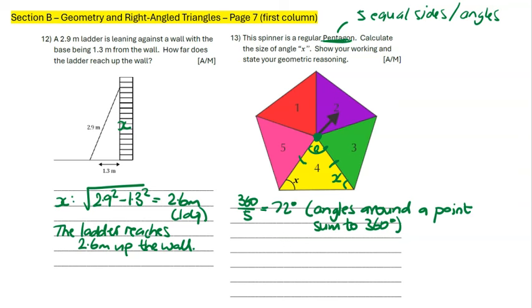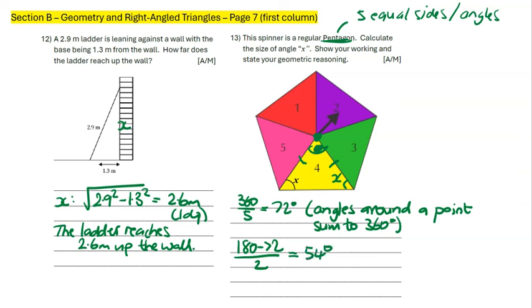Now that I've got that point there, if I go 180 minus 72, that's going to tell me how many angles are left over to be the base angles that's shared between the x's. And because there's 2 equal angles, I'm going to chop that in half and divide it by 2. And when I do that, I get 108 minus 72, sorry, 180 minus 72 is 108. 108 divided by 2 is 54 degrees.